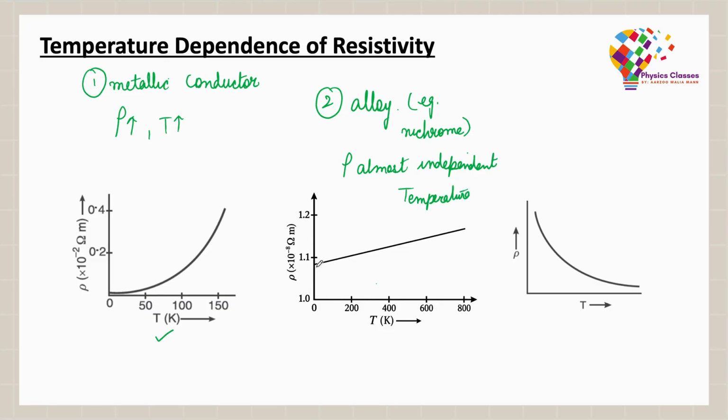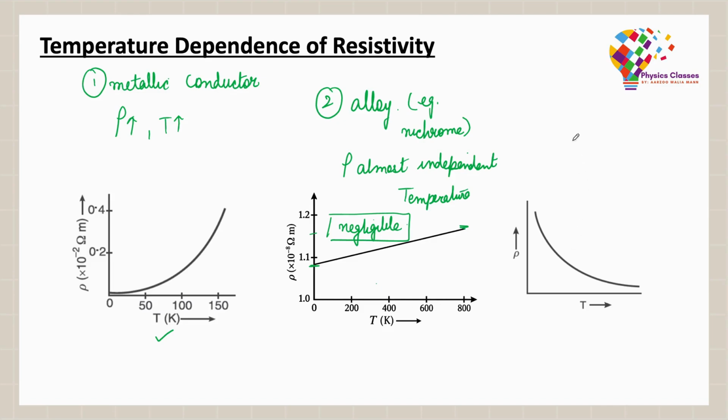From almost 0 Kelvin to 800 Kelvin, it has not even increased by 0.1 into 10 to the power minus 8. So the effect here is negligible. That is why alloys are generally used to make resistors, because then the resistance would remain constant with the increase in temperature. It is a very negligible change from 1.1 to not even 1.2 when you raise the temperature by 800 Kelvin.